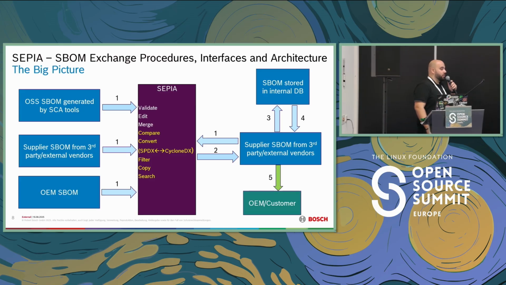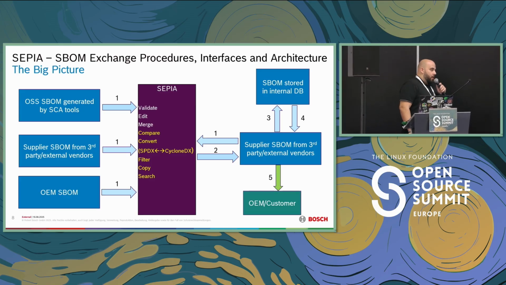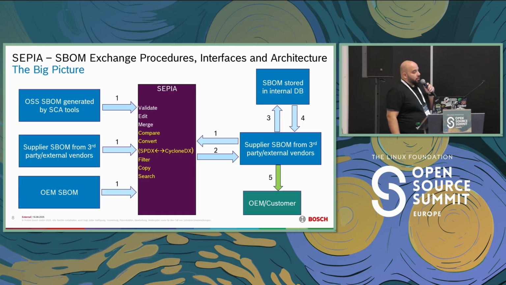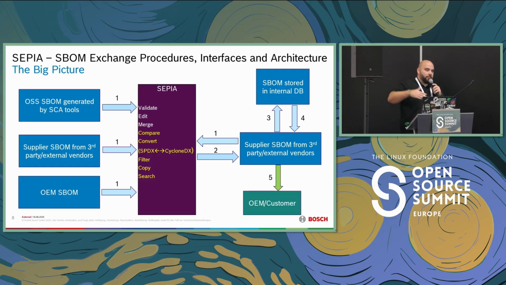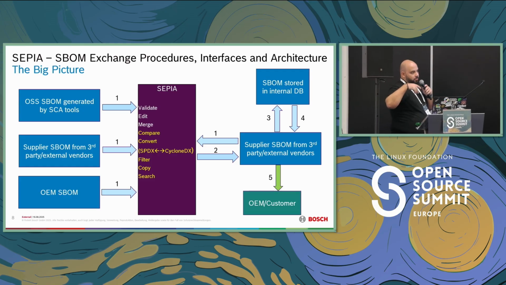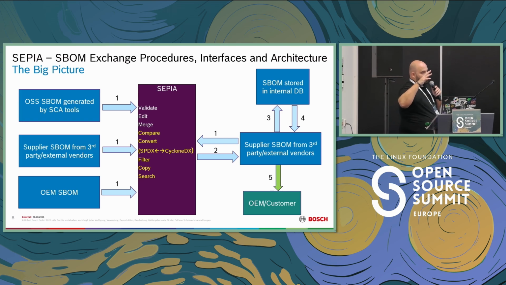What you also can do is merge it. With the merge functionality, typically you can do a merging of at least two SBOMs. The only catch is they have to be valid. So you go typically from a validation process, you validate an SBOM, you can store it in your internal database.